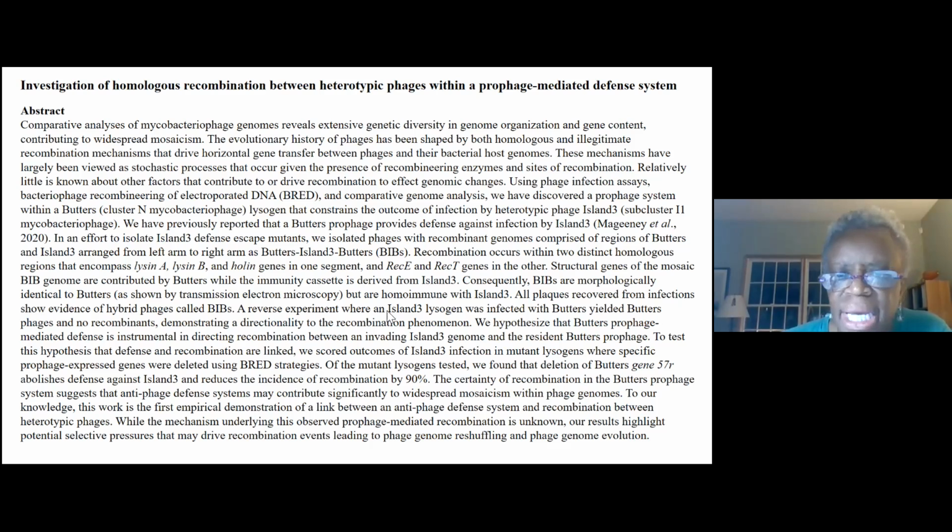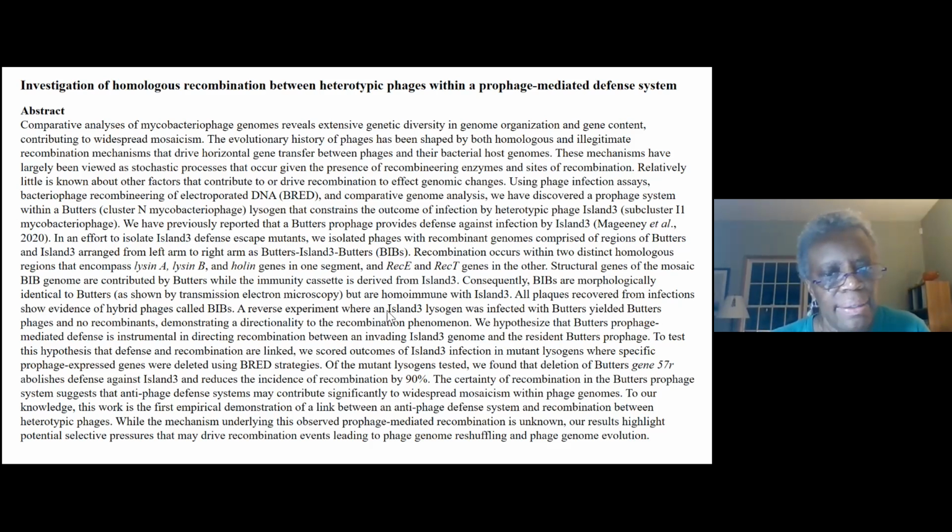All right, so I want to tell you that this abstract is related to infection of a particular phage in a bacterium that's harboring another phage, all right? So Butters is hanging out in this bacterial cell.